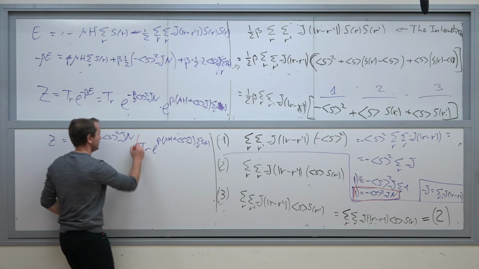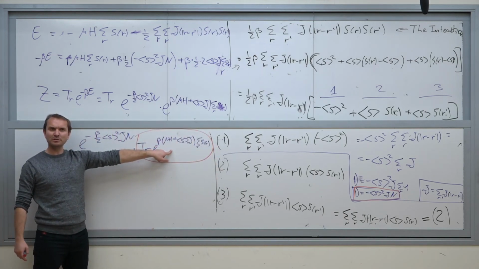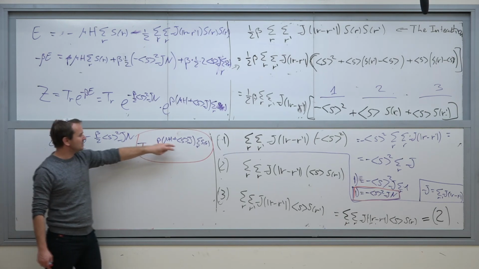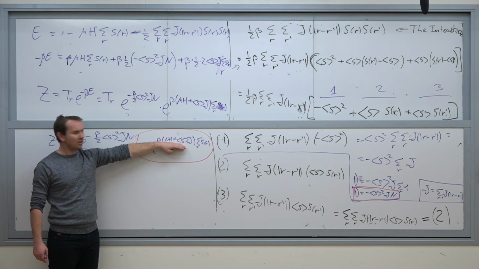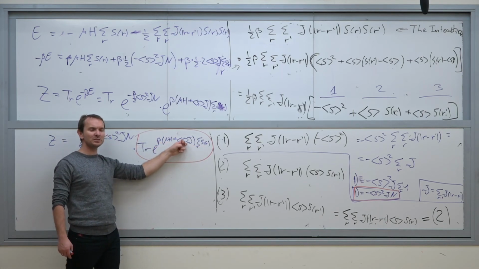What is this? There are no interactions between different spins. Right? It's just beta, some effective field, multiplied by the sum over all the spins of the field. There are no interactions between the spins over here.